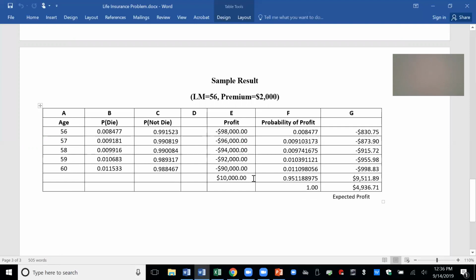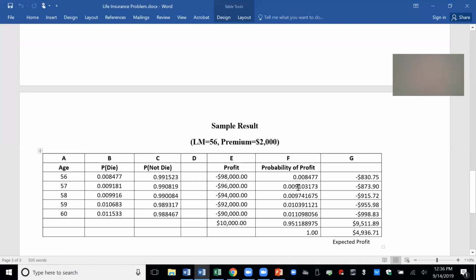And then the last value is if you don't croak at all during the 5-year period, and the policy expires, and the insurance company keeps 10,000 bucks.